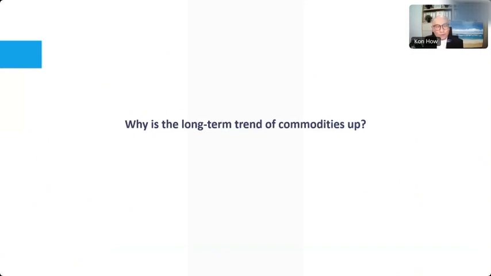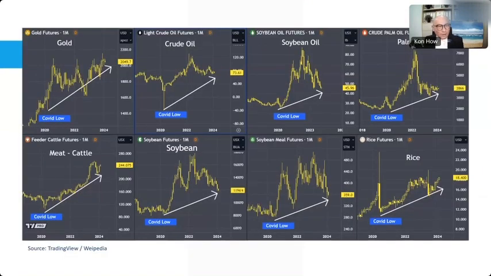Now, you've got to ask me why I have this view for the long-term uptrend line for commodities. Let me share with you another chart, which I explain is because of inflation. If we compare all these commodities, from crude oil to soybean oil to palm oil, meat, cattle, soybean meal to rice, I'm going to do a comparison from the COVID-19 days until today.